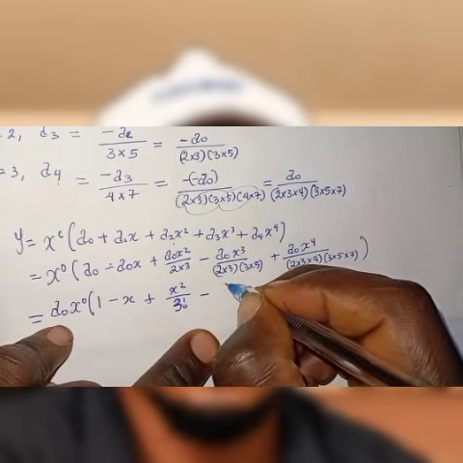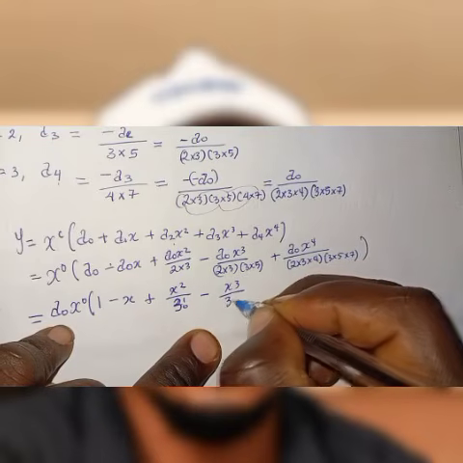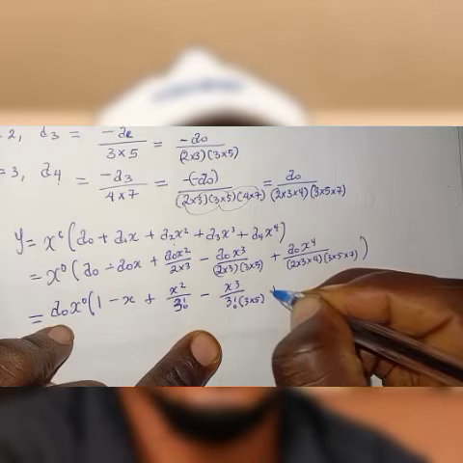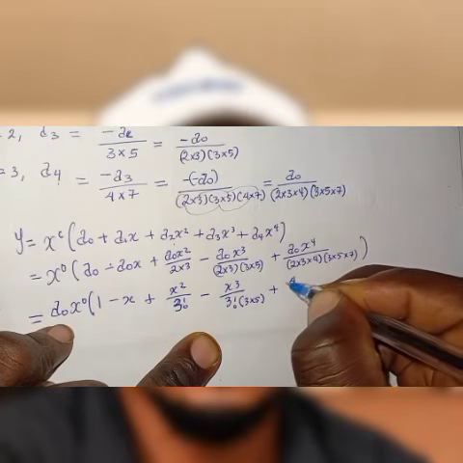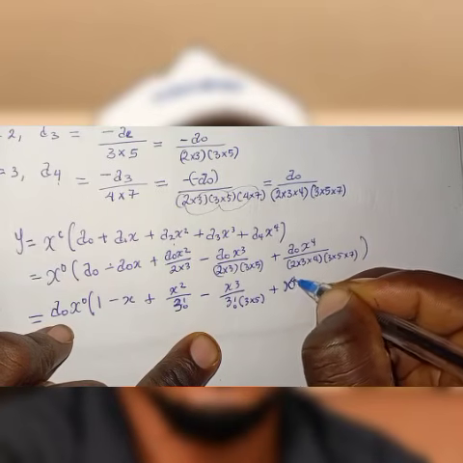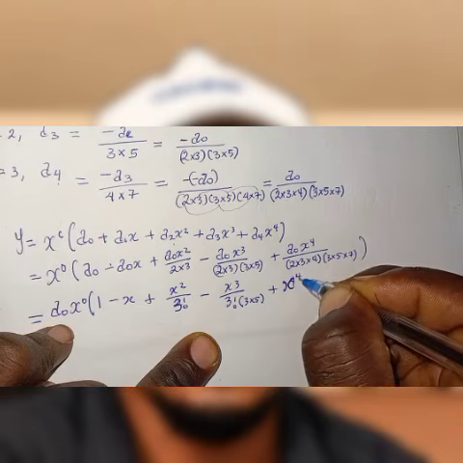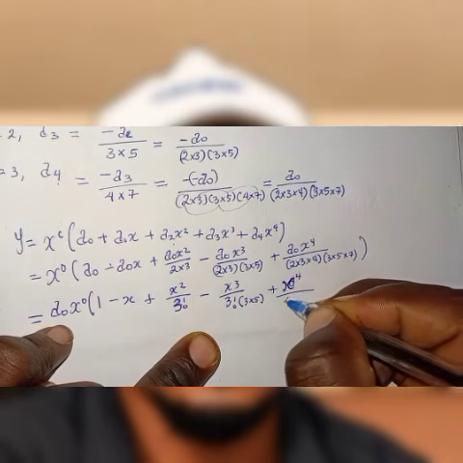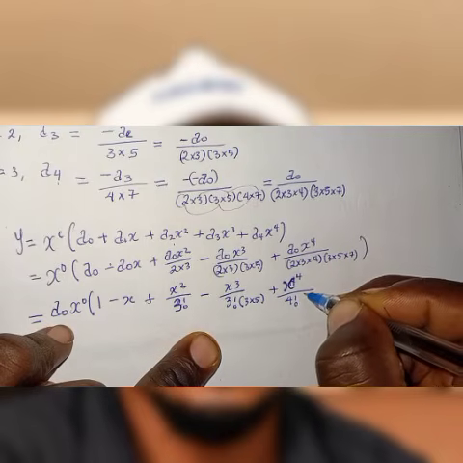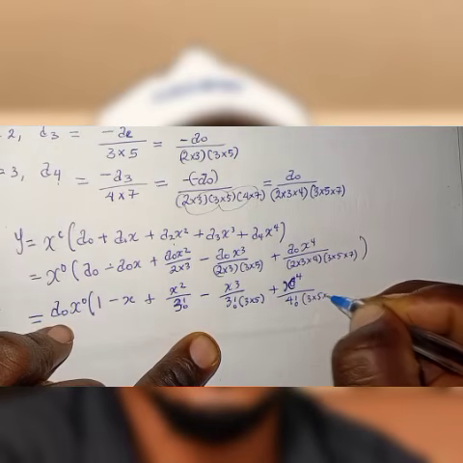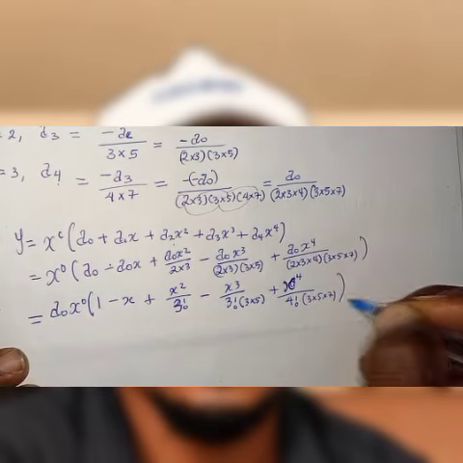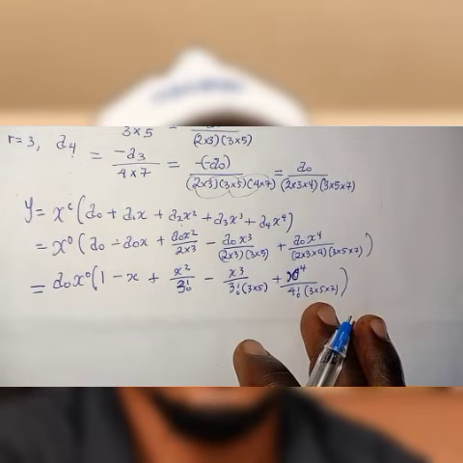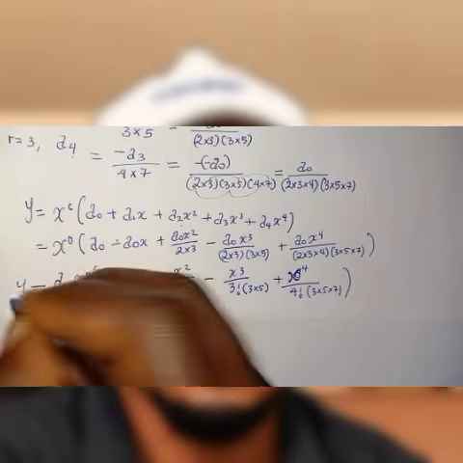Minus x cubed over 3 factorial, 3 times 5, plus x raised to the power 4 over, this will be 4 factorial, 3 times 5 times 7. So this is our first answer for when x equals 0.